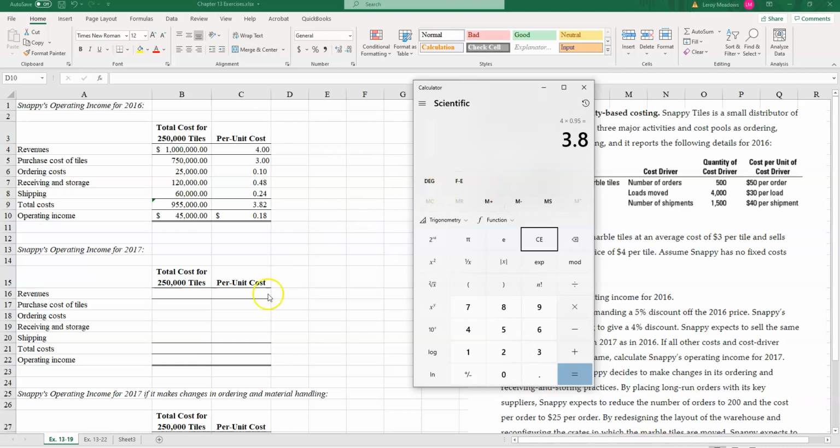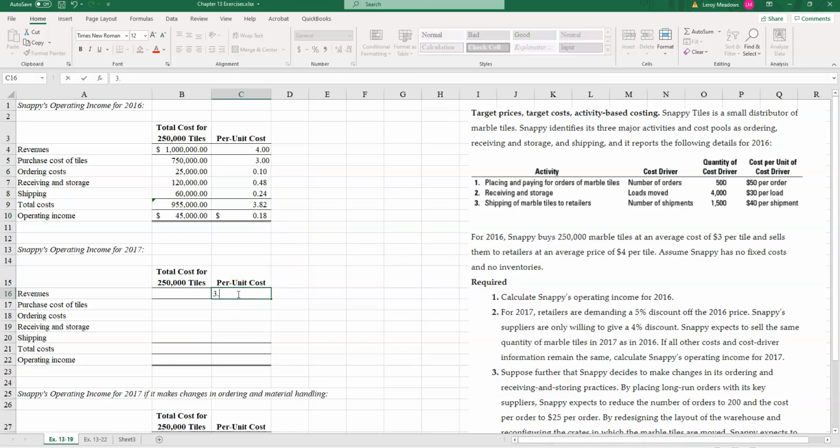And that's going to be $3.80 per tile is what I'm going to be able to sell those tiles for. So what are my total revenues? My total revenues are going to be $3.80 per tile times 250,000 tiles sold. That will translate into $950,000 of total revenue.